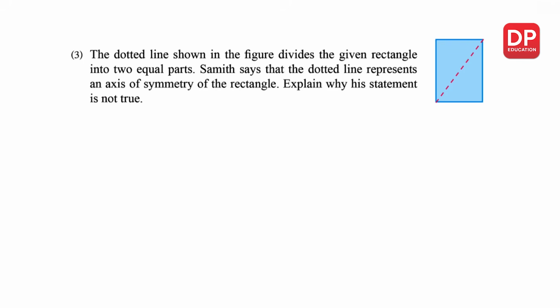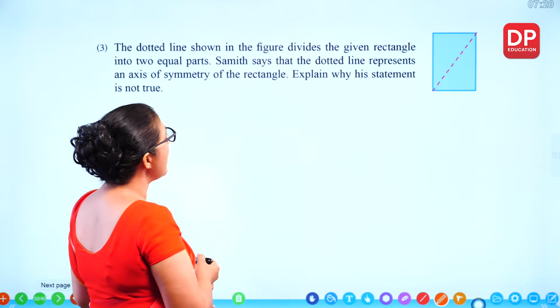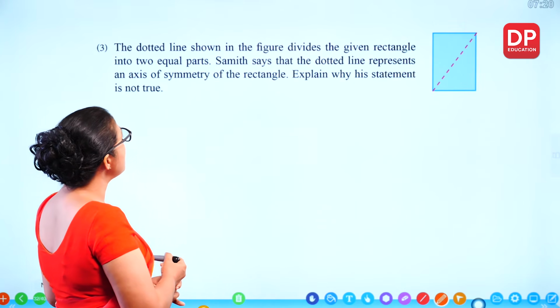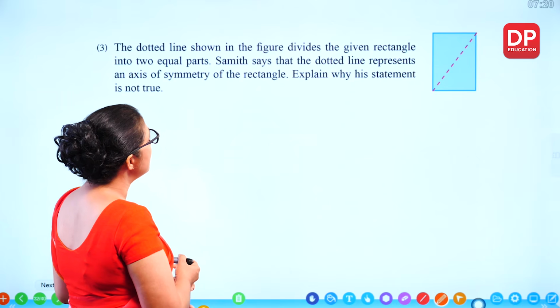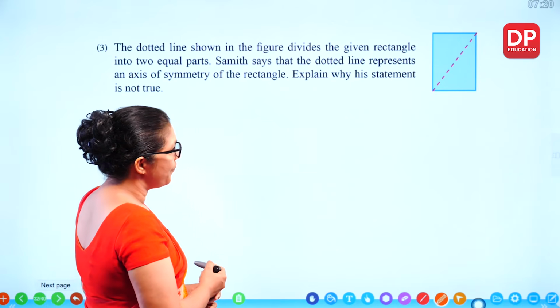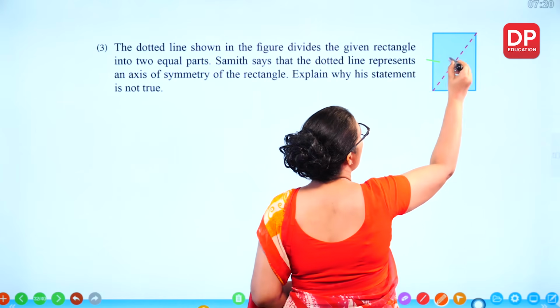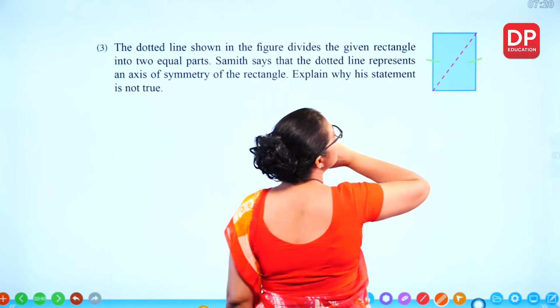The dotted line shown in the figure divides the given rectangle into 2 equal parts. Samit says that the dotted line represents an axis of symmetry of the rectangle. Explain why his statement is not true. So in a rectangle, opposite sides are equal.